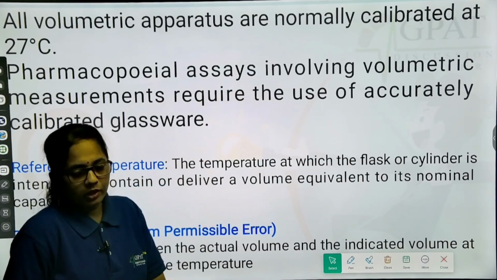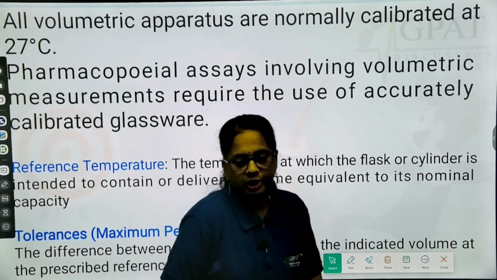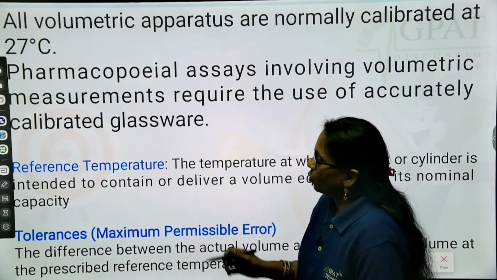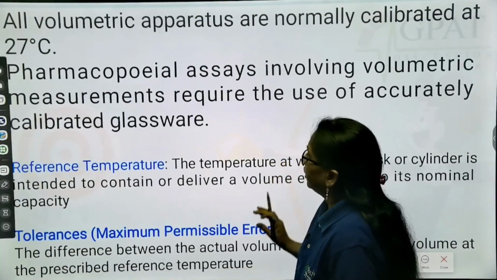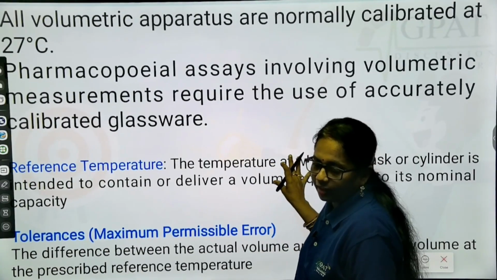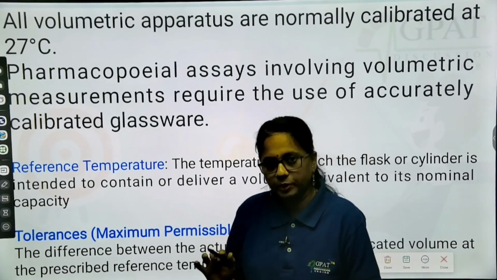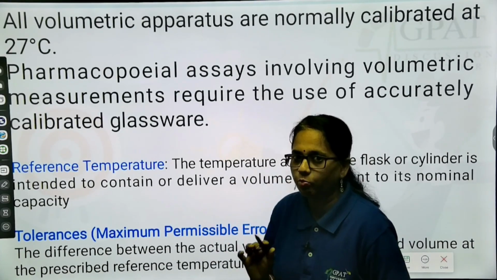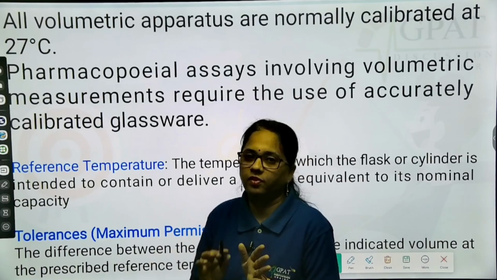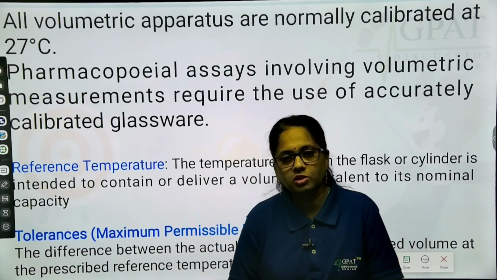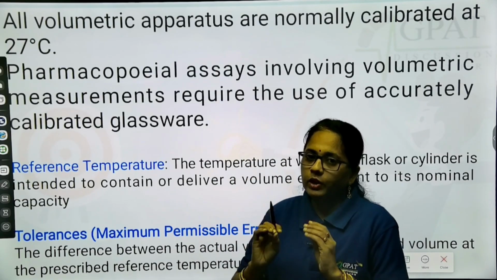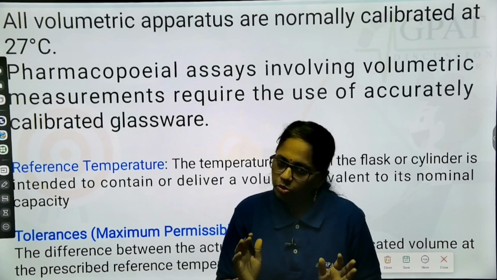Wherever the pharmacopoeial assays involve volumetric measurements, those require the use of accurately calibrated glassware. Only accurately calibrated glassware you have to use. They have mentioned to use a 250 ml volumetric flask.